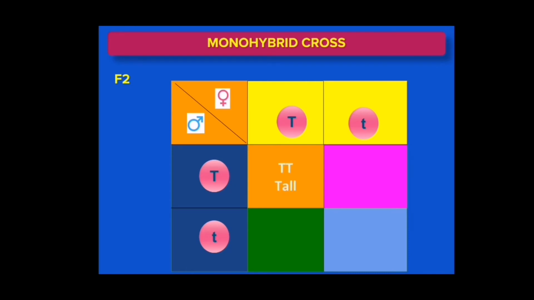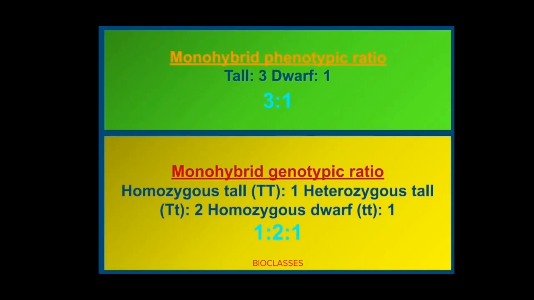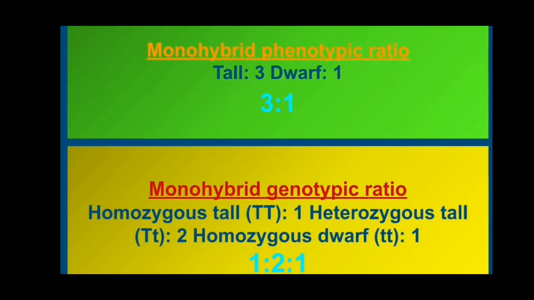Here capital T from tall plant. Here capital T small t from tall plant. Again capital T small t from tall plant and small t from dwarf plant. Here one capital T, then two capital T small t and one small t. Okay. So monohybrid phenotypic ratio is 3:1. 3 tall is to 1 dwarf.